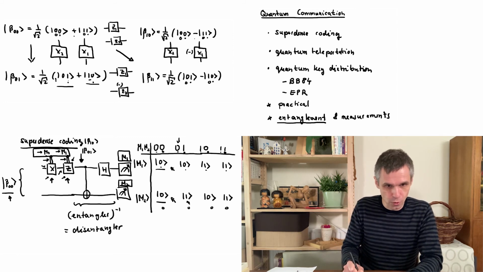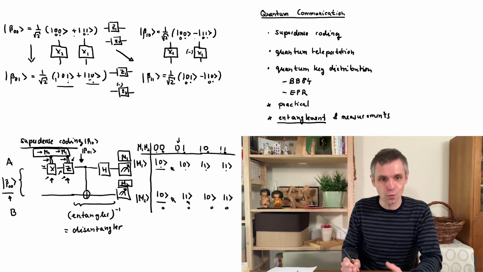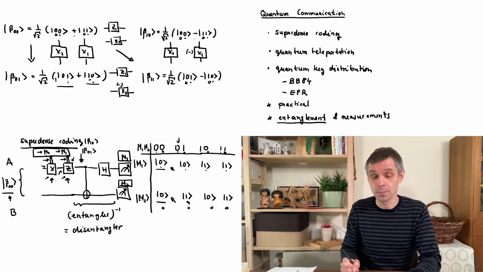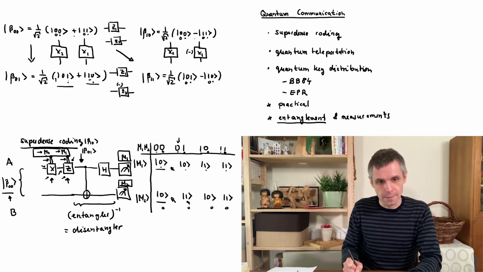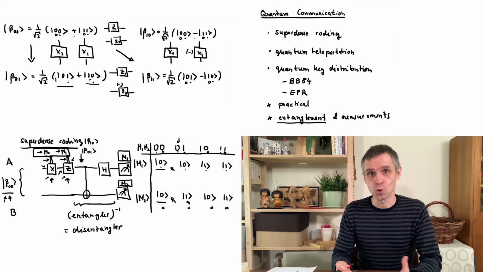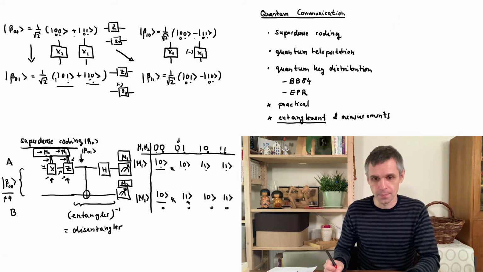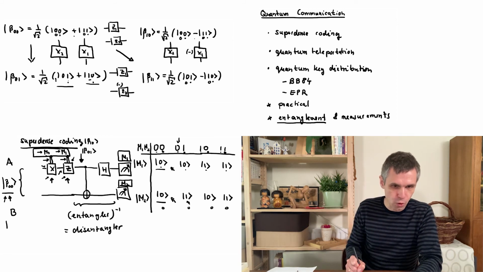And for this we are going to assume that there are two people, A and B, which conventionally are called Alice and Bob, that at some point got together and created this Bell pair here. And then they went their way and took one of the two qubits with them. So here Alice and Bob sort of cooperated to create this Bell pair.